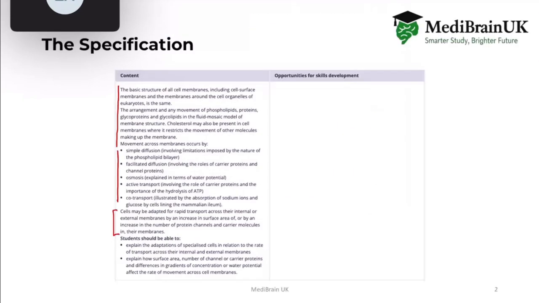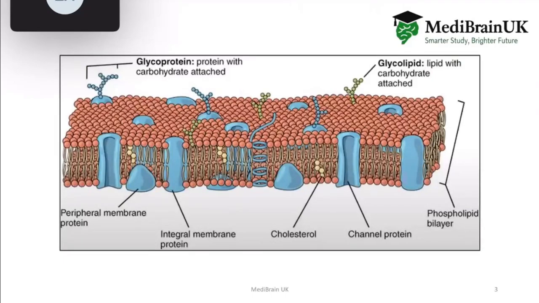Okay. So if we make a start, this is a cell membrane. This is an image of a cell membrane that we have over here. And there are many different components in this cell membrane that you need to be aware of. You need to know what glycoproteins and glycolipids are.